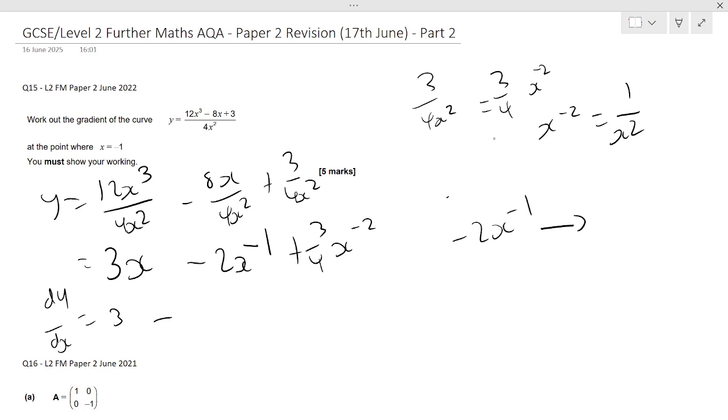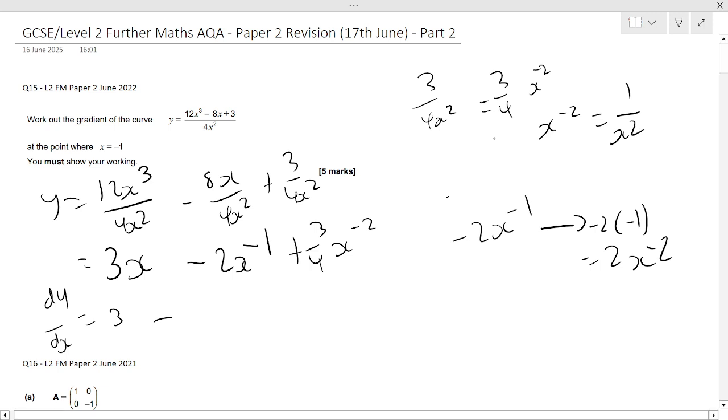If we differentiate, again we multiply by the power, so it's minus 2 times minus 1, which is positive 2, and then you knock 1 off the power, so minus 1 minus 1 is minus 2. That goes to plus 2x to the minus 2.